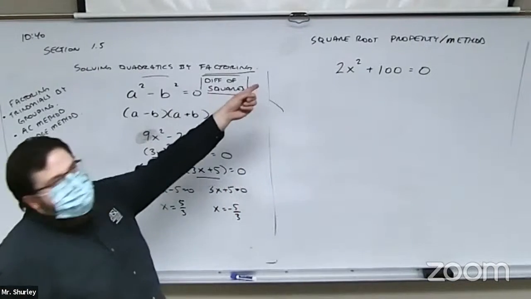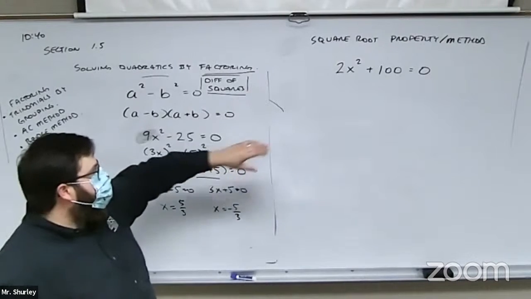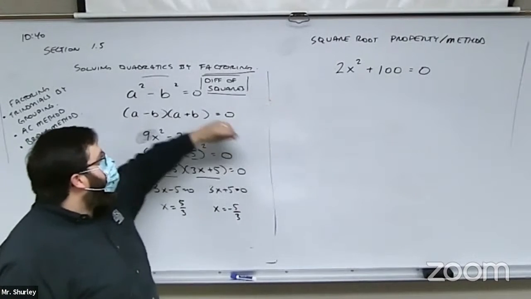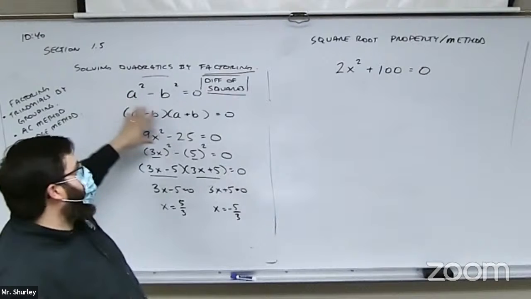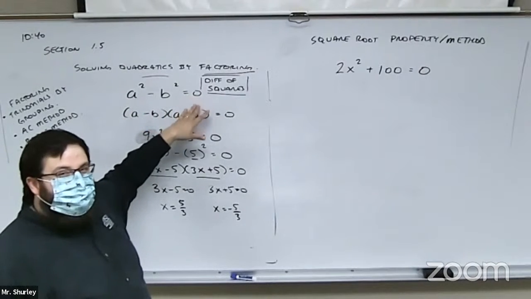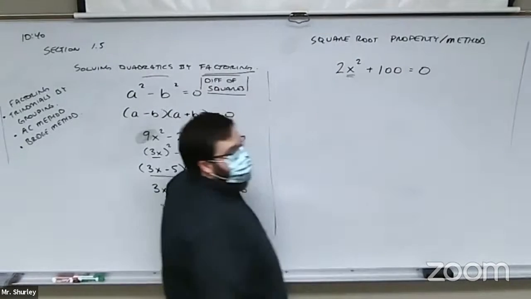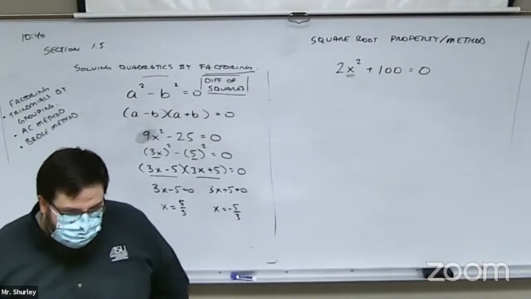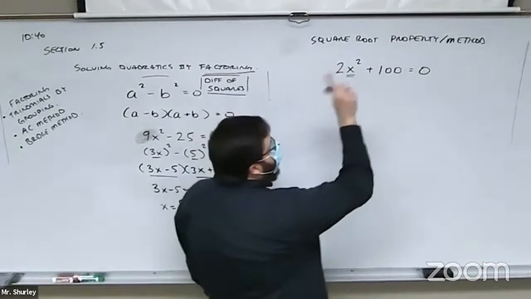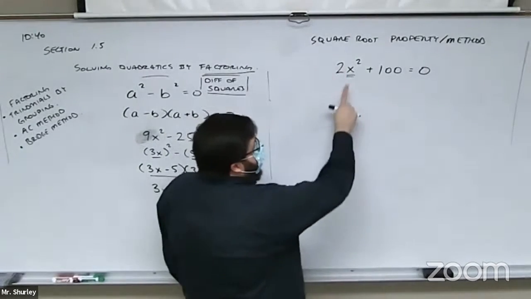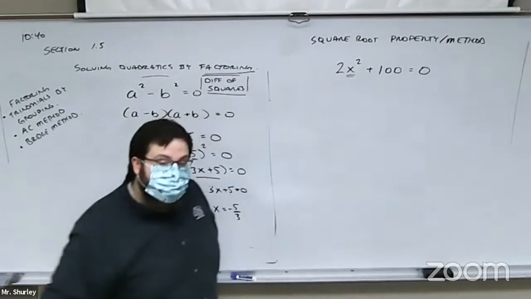But to use this square root property, it's different than factoring. It's not that you have to solve for 0 to begin with. You have to get whatever is squared by itself, okay? You got to get whatever is squared by itself. So our goal first, step 1, is to get that thing isolated, okay?